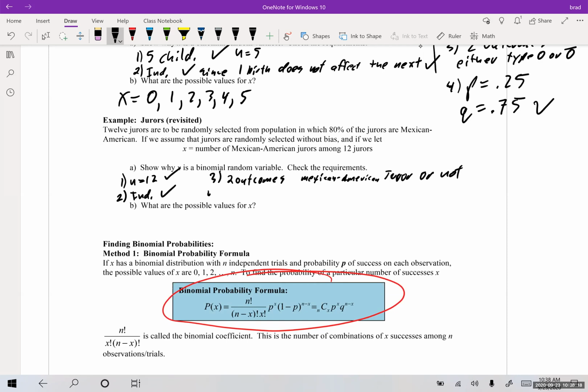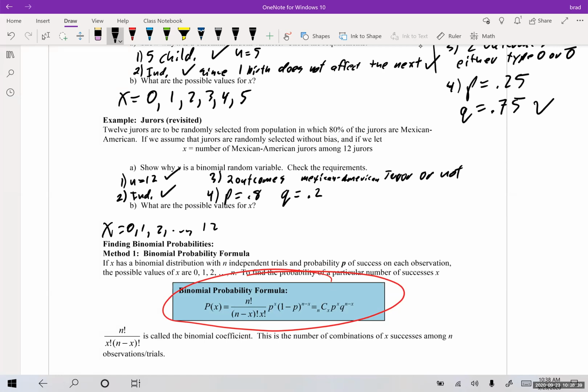Then we have number 4, probability of P is equal to 0.8 and probability of not P is equal to 0.2. What possible values for X are there? So once again, there's a lot, 0, 1, 2, all the way up to 12, right? So there's all of these, 0 through 12, okay?